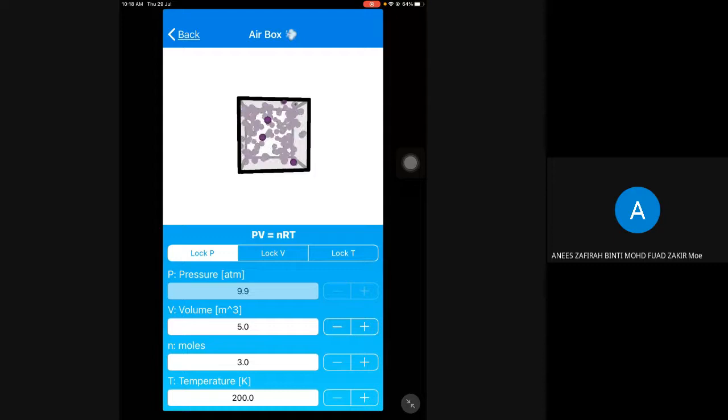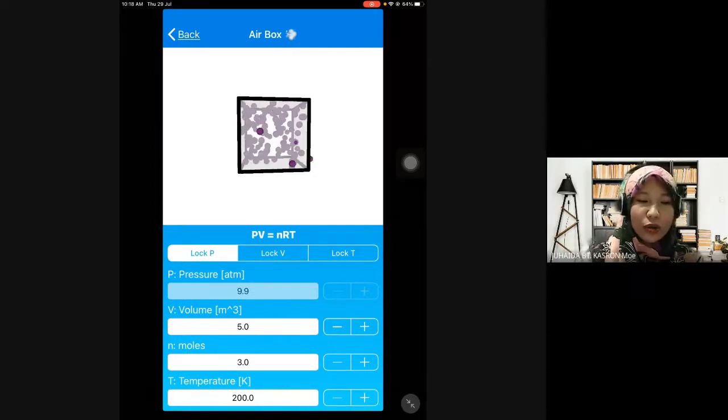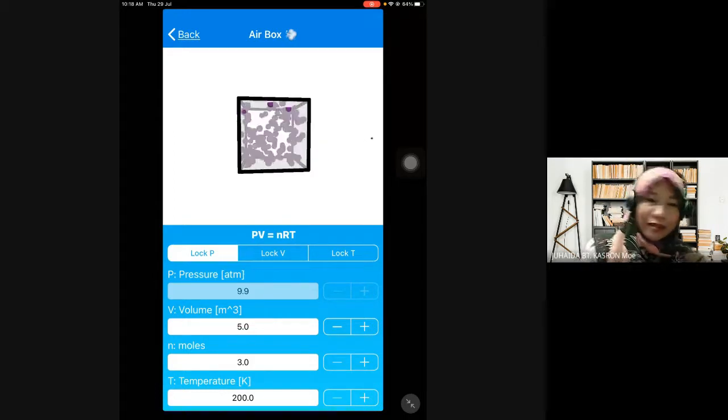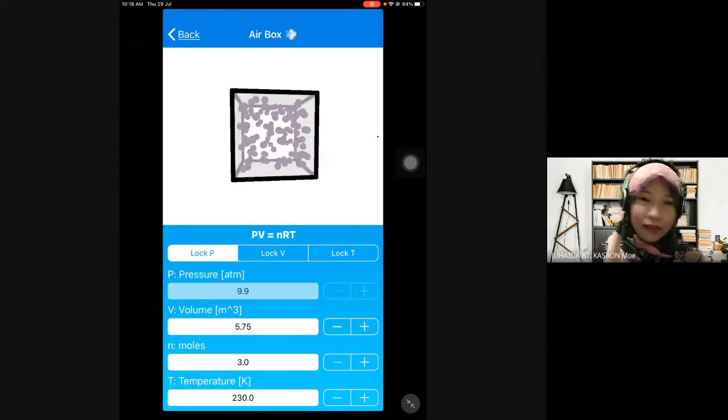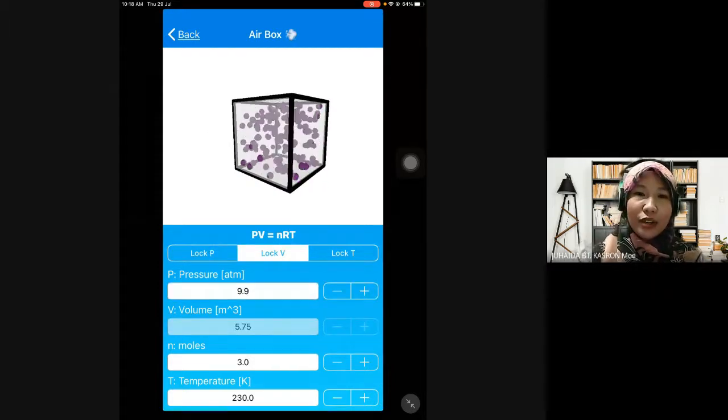Okay. I give you 3 minutes to play around with the button, so you can see what happens to the volume when you increase the temperature. Okay, 3 minutes. Come on. Play around with the application. Is there any question you want to ask?